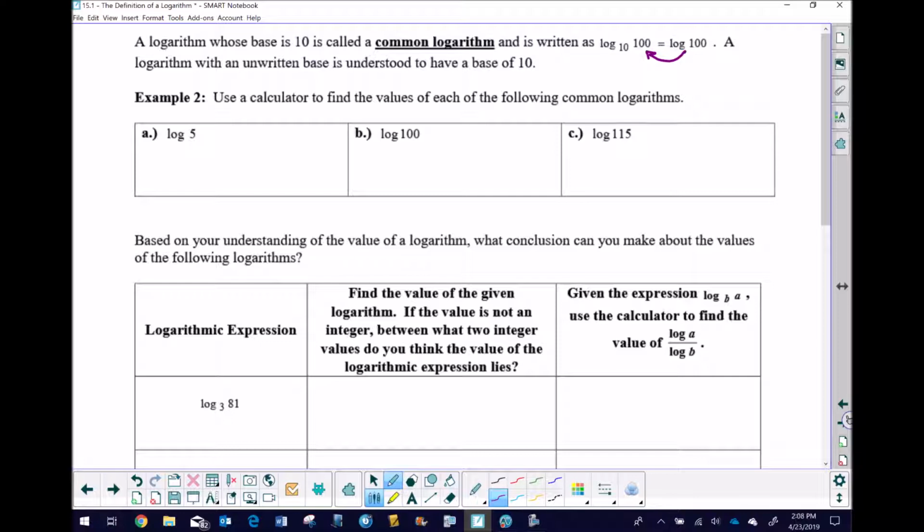All right? So, for example 2, it says, use a calculator to find the values of each of the following common logarithms. It's up to you guys. If you want to drag out an older calculator just to see where these buttons are, you're welcome to do that. But please understand that we now use the TI Inspire pretty religiously in this class. Now, with that being said, on your quiz over this, and on the unit exam that has the calculator part, you're allowed to use any calculator except the TI Inspire CAS.